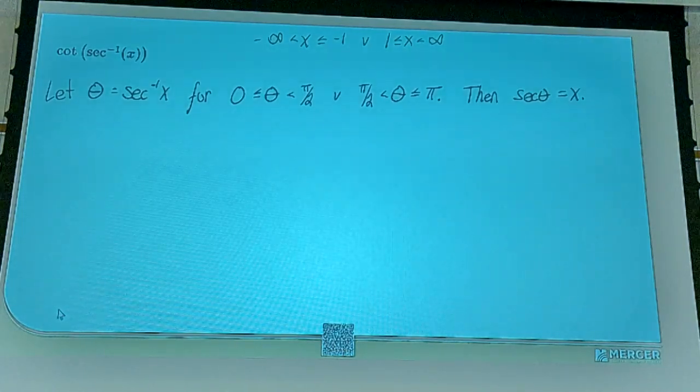That's a problem. How do I want to do this? I think I'm going to use triangles this time.